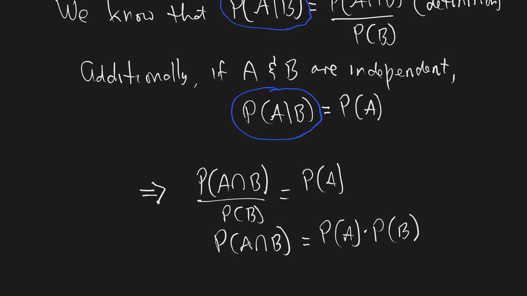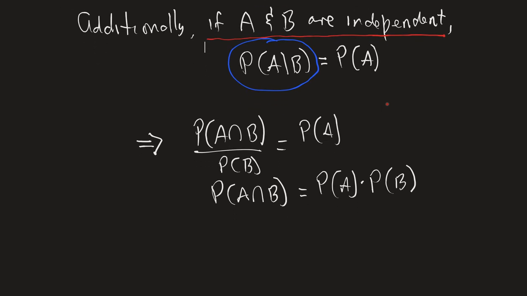I'll restate it in the theorem because of how important it is, but if we know that the events are independent, then the probability that they both occur is equal to the product of their individual probabilities. So the probability of A and B is equal to the probability of A times the probability of B, assuming they are independent. And that's what the theorem says, and that's essentially the proof. The proof just uses the two definitions and that transitive property of numbers.